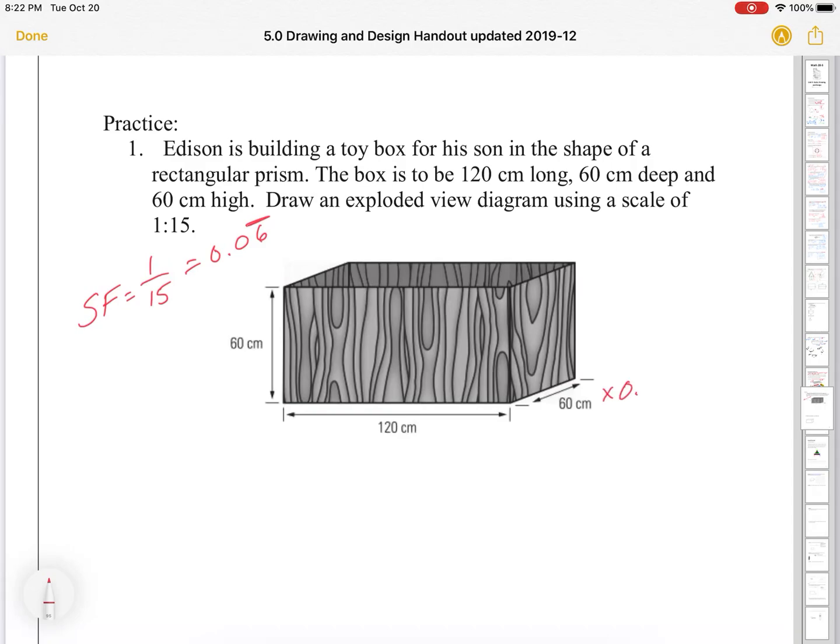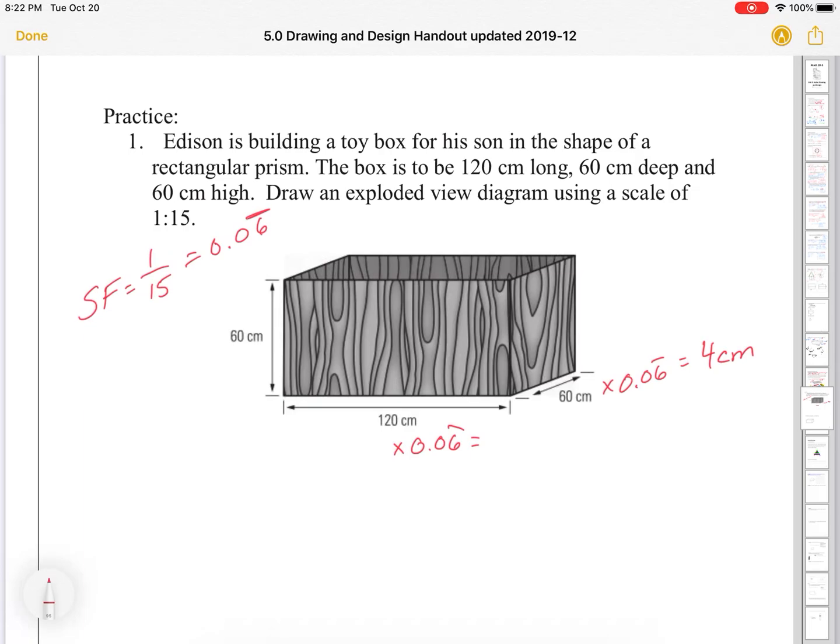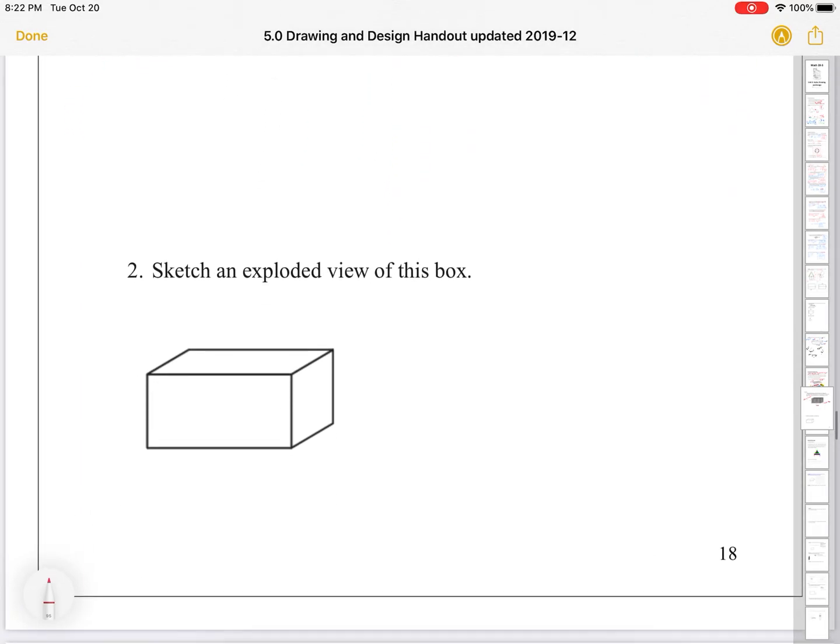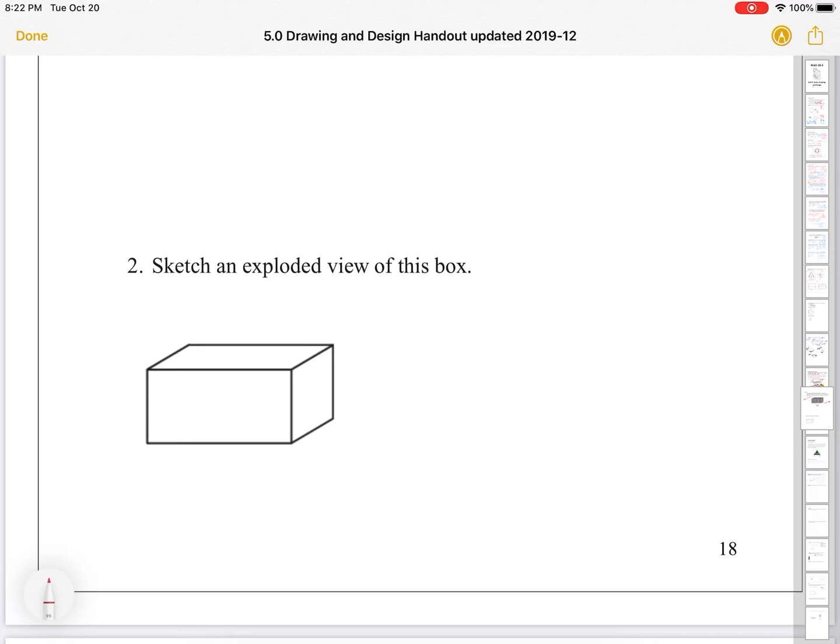So you would times this by 0.06 repeating, and you would get 4 centimeters. Same thing here, 0.06 repeating, get your value there. That's 60 again, so you'd get the same number. So keep that in mind. For this, if it doesn't have measurements, measure what it actually is and just use those measurements so that you can stay proportional. Okay?